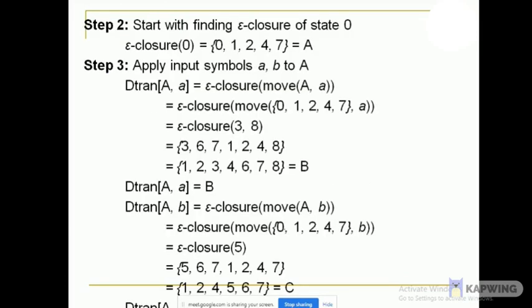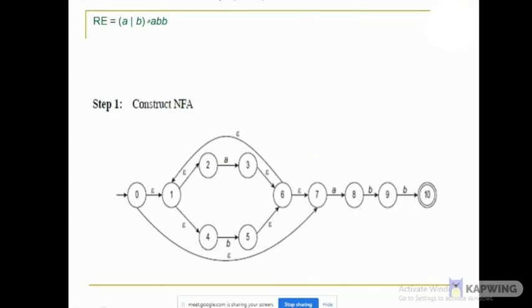Now let me start with the first state, the zeroth state. First, we have to find the epsilon closure for this.